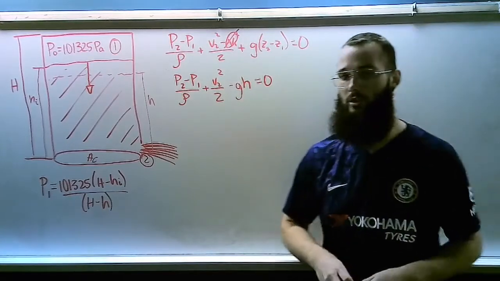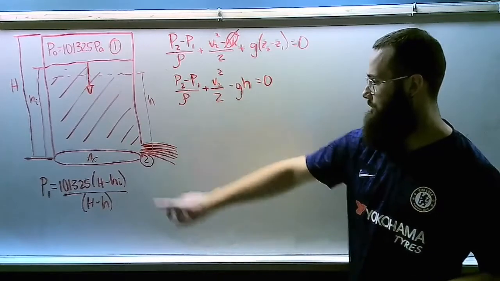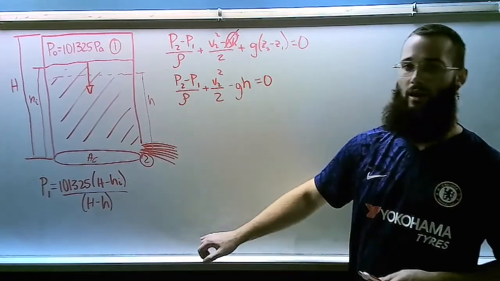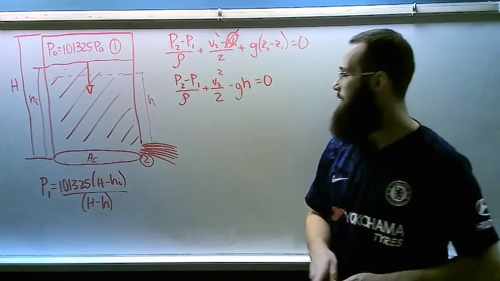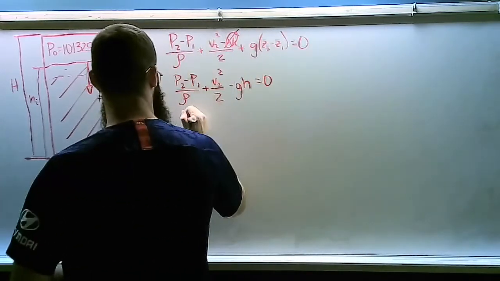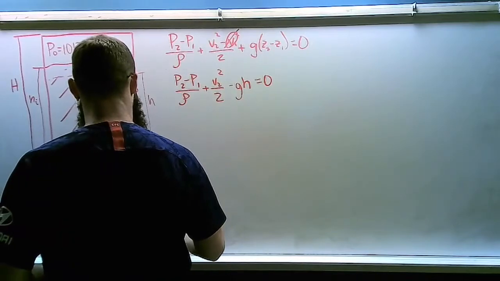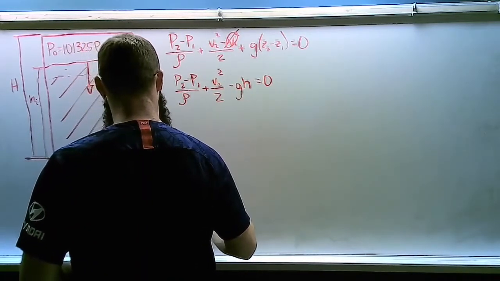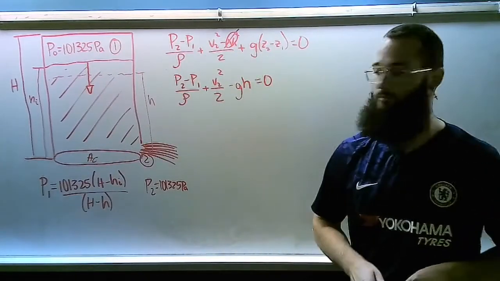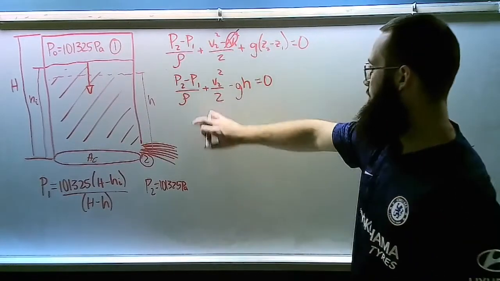Because of this, there will be no pressure recovery. So the pressure at 2 will be equal to the outside pressure, which will be atmospheric pressure. So P2 is going to be equal to 101,325 pascals.